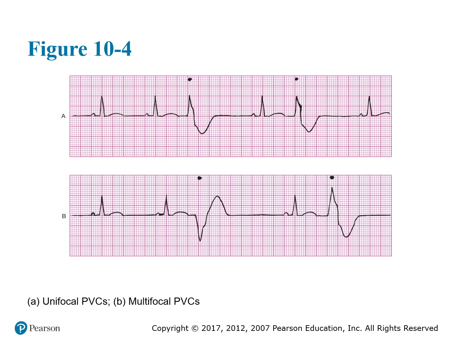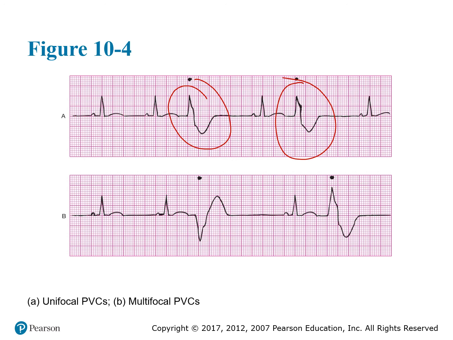So if you look at figure 10.4, figure 10.4a shows you a unifocal PVC. When we say unifocal, if you look at your PVCs, they're both going in the upward direction and they pretty much look alike.